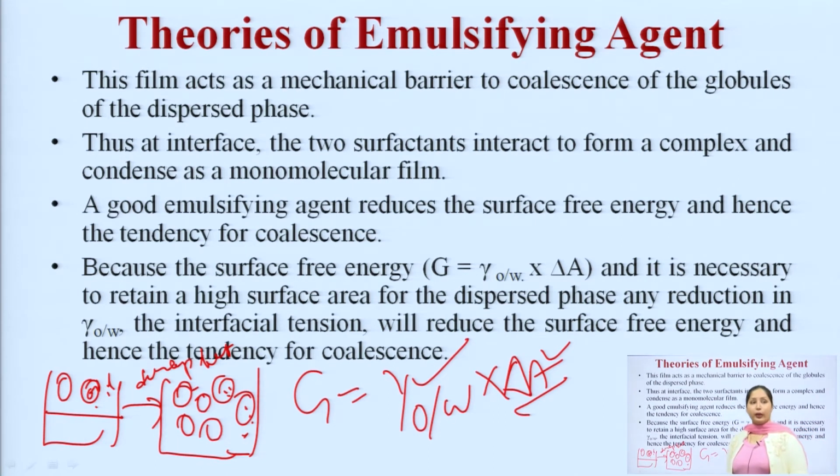So, we cannot reduce the surface area of the dispersed phase, but any attempt to reduce the interfacial tension will reduce the surface free energy of the system and hence reduce the tendency of collision between the two globules of the dispersed phase.